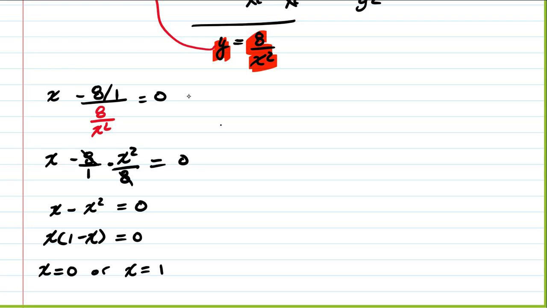So we're only going to get one critical number, which is 8 over 1 squared is going to give us 8. So then we get our critical numbers are 1 and 8.